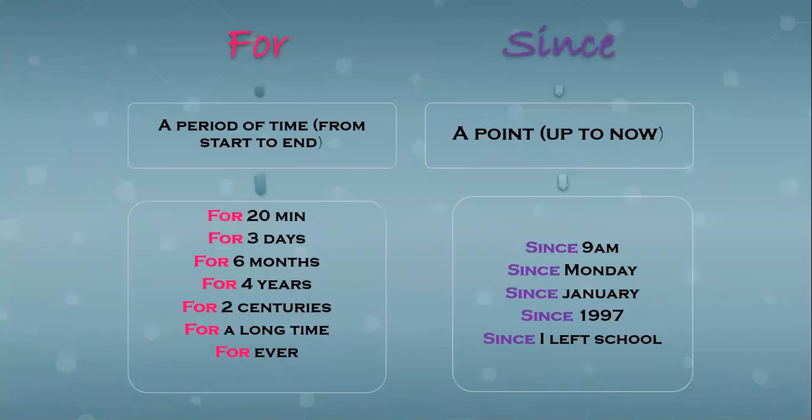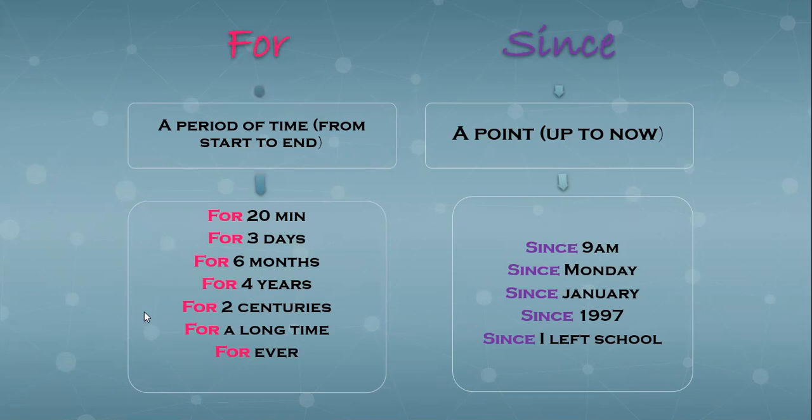Okay? So here is the brief. A period of time from start to end. This is the amount of time. This is how long. I have been waiting for 20 minutes. I haven't slept for 3 days. I haven't seen him for 6 months. I have been teaching English for 4 years.